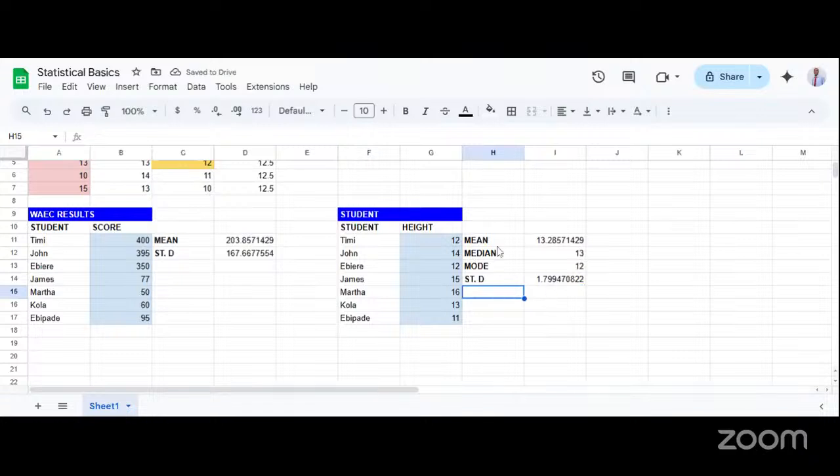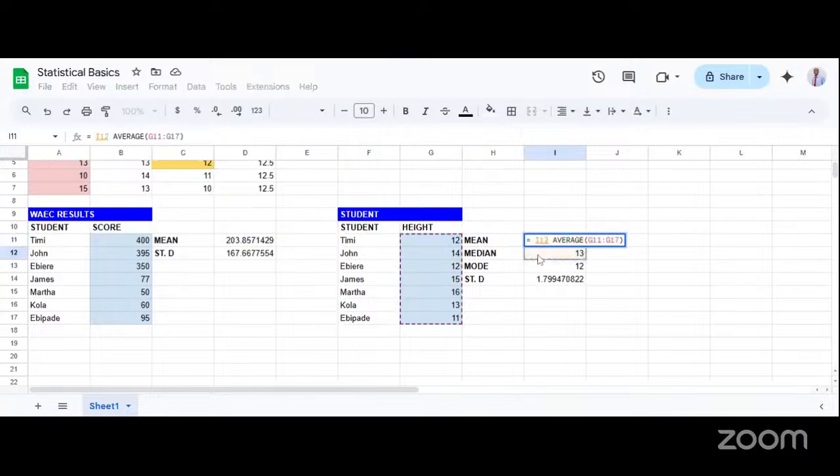So these are all you need to take note of for how to use these statistical functions in a digital spreadsheet software like Excel or Google Sheets. It's only the mean technique that uses a different name, which is average.